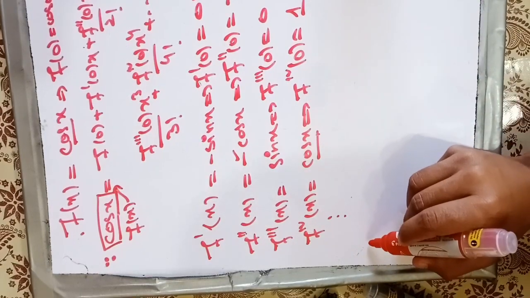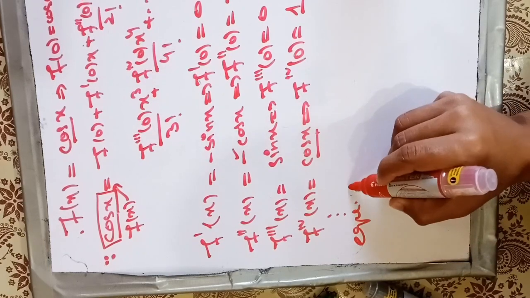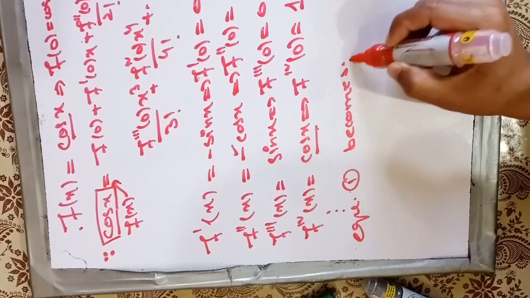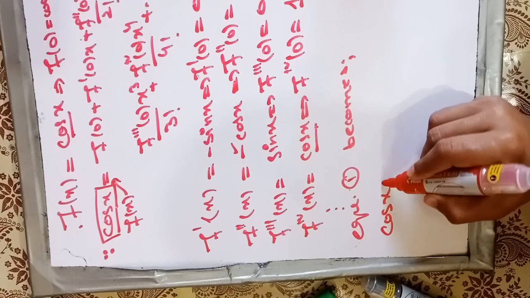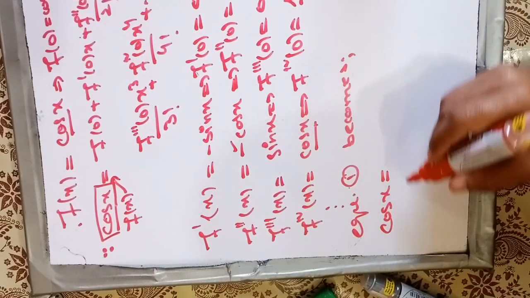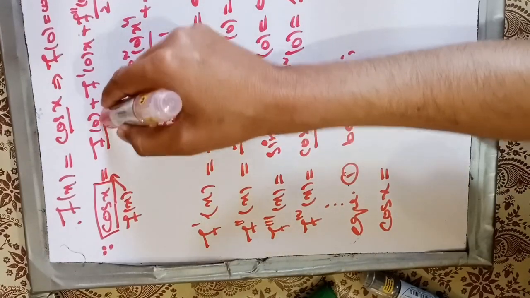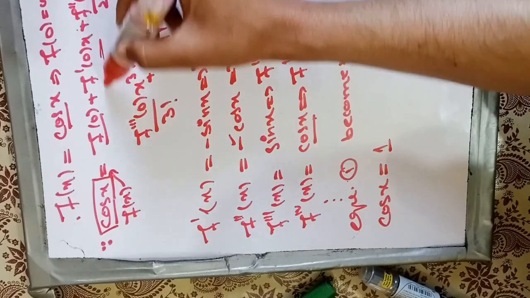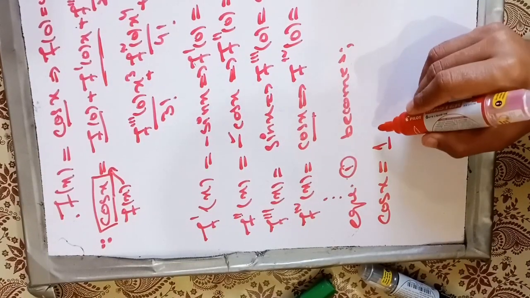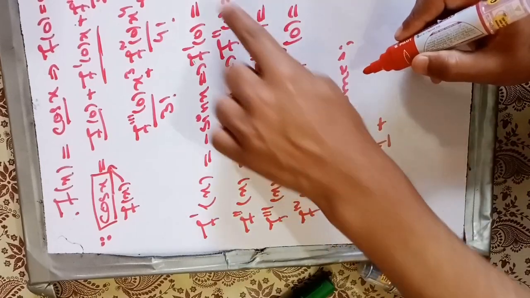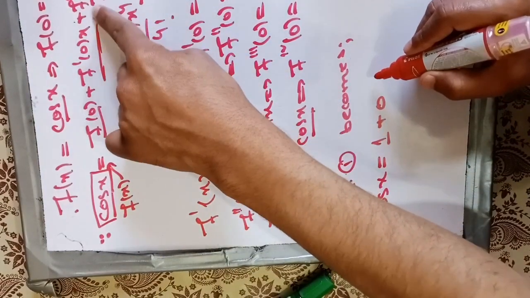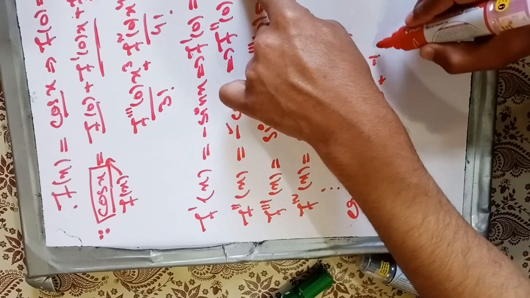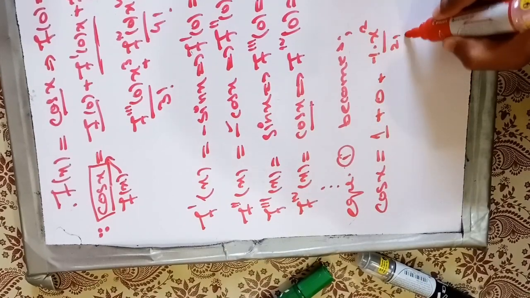So finally equation 1 becomes: on the left-hand side there is the function cos x, the Maclaurin series which we require. Here f at 0 will be 1, f prime at 0 multiplied by x will be 0, and f double prime at 0 will be minus 1, times x square over 2 factorial.